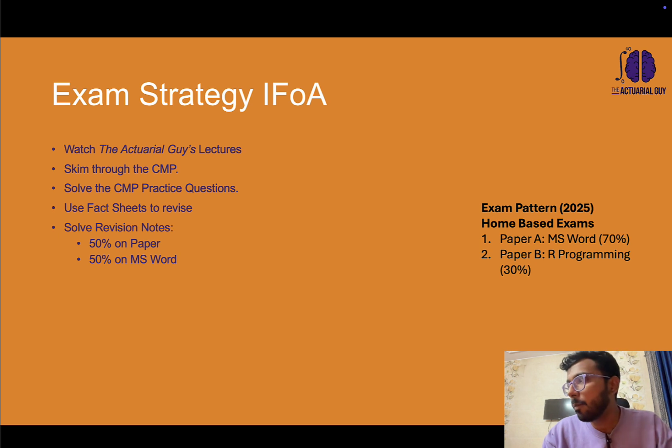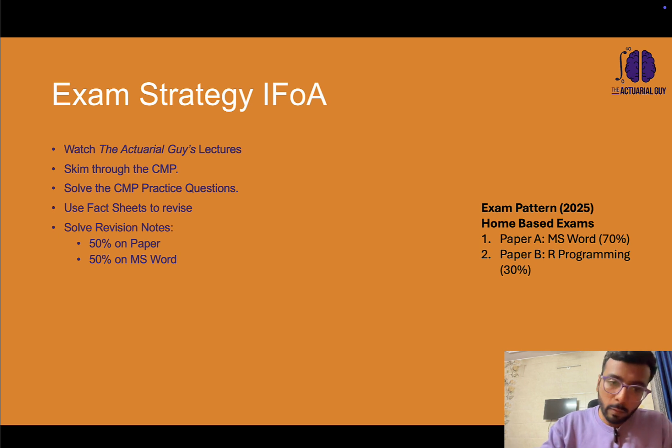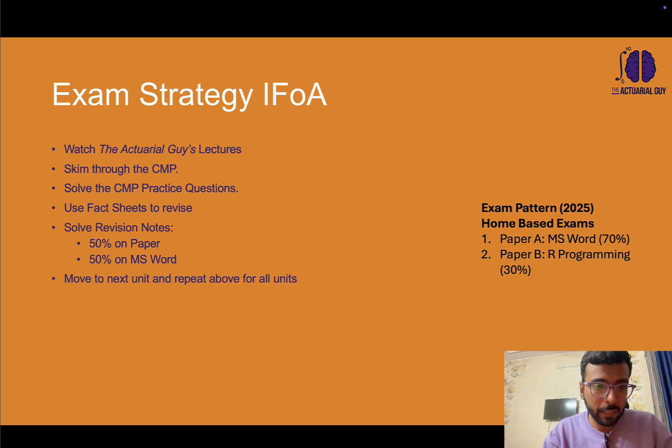Revision notes is nothing but past attempt exam questions with solutions. This I have given you up to the 2020 exam. So you have them from about 2010, 2011, right? So this will give you a good practice of past exam questions which are relevant for your upcoming exam.